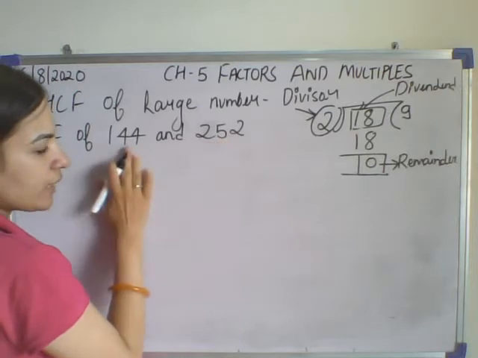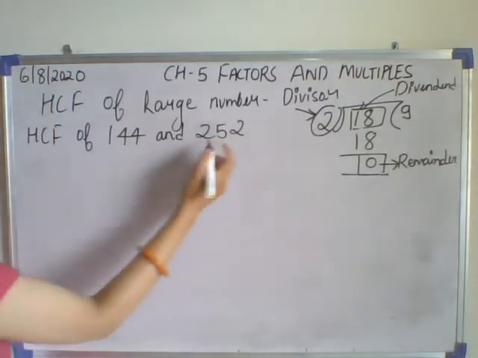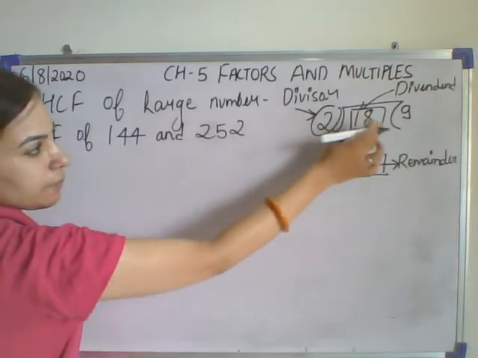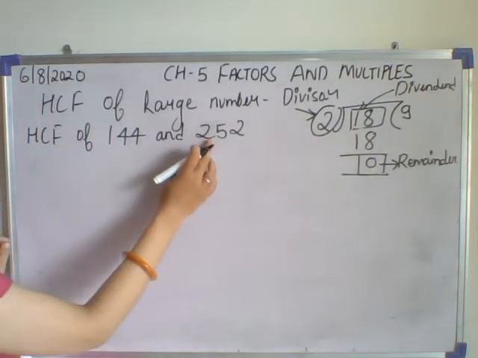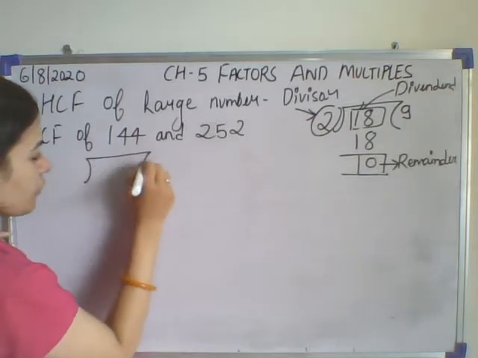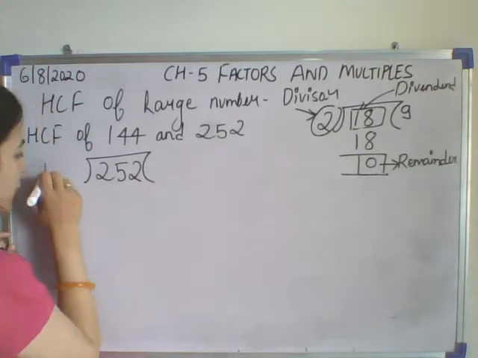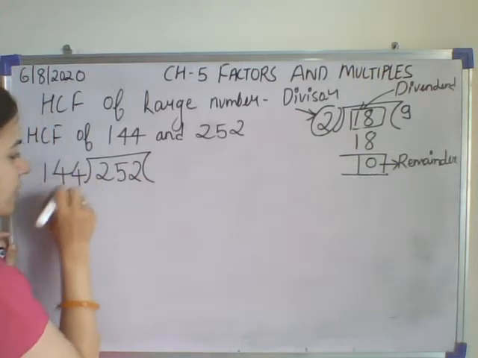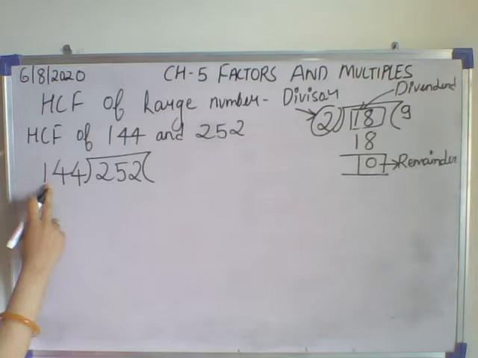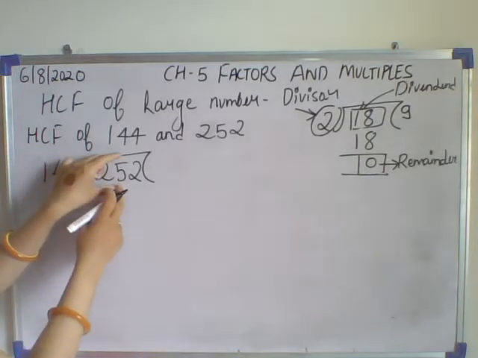So how will you find the HCF? The larger number you have to write in the brackets. 252 is larger than 144. So I will write 252 here in the brackets, and 144 here. So 144 is the divisor, and 252 is the dividend.